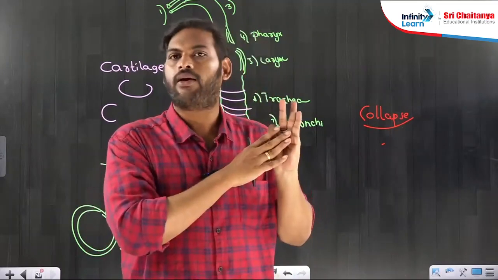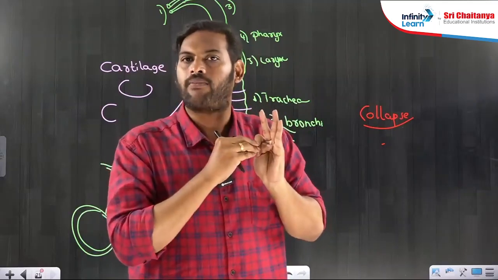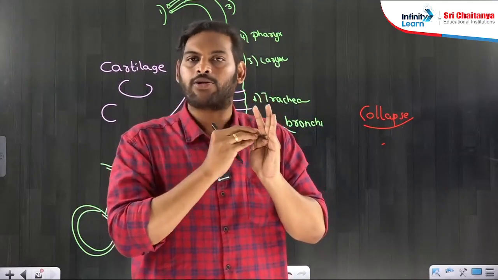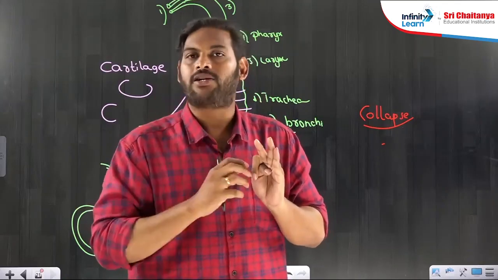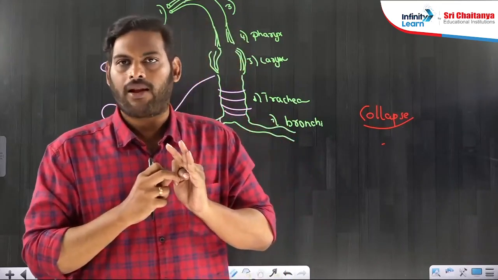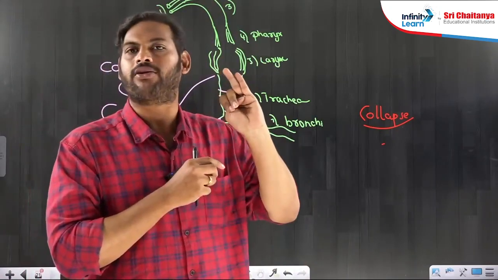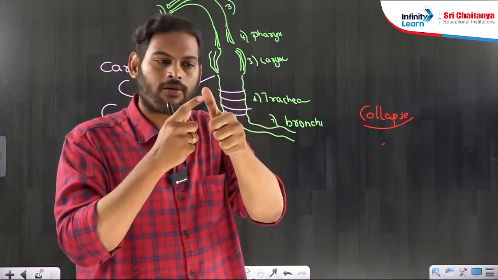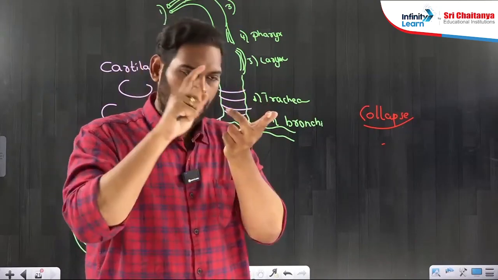And the third aspect is that when you inhale, if the inhaled air has a chemical in it, your epithelium may smell it. What do you call the sense of smell? The scientific name for smell is olfaction. So, trapping particles, humidification of air, and olfaction.